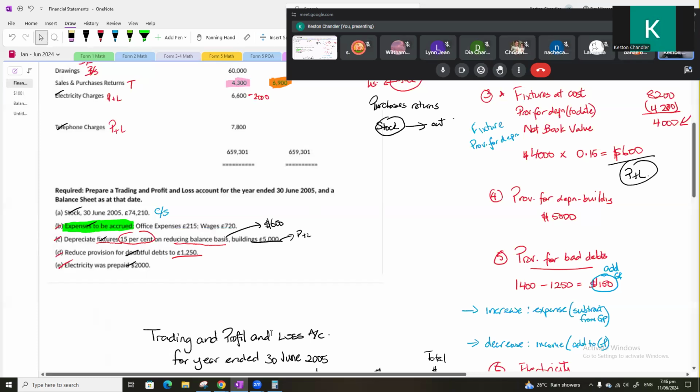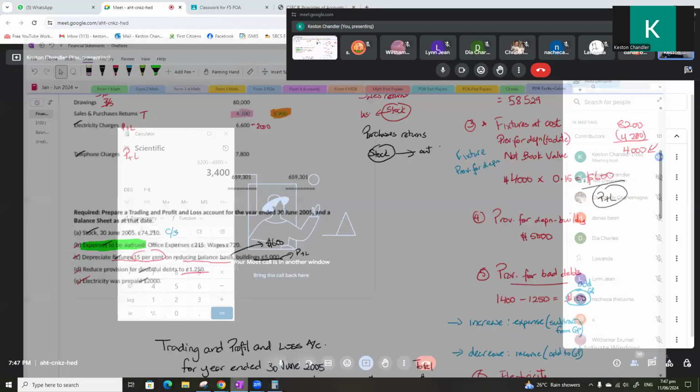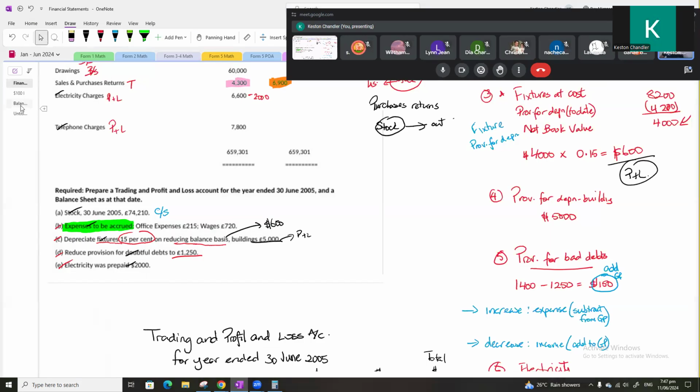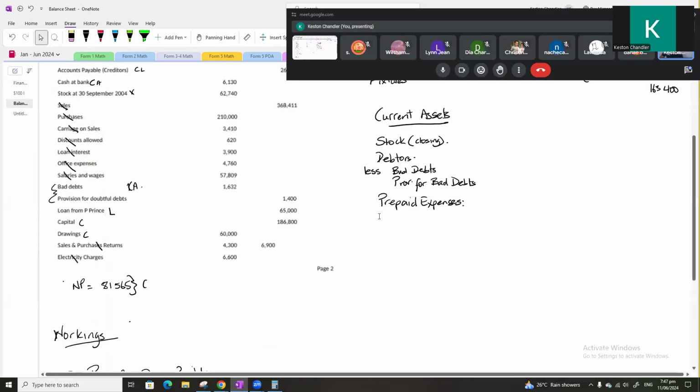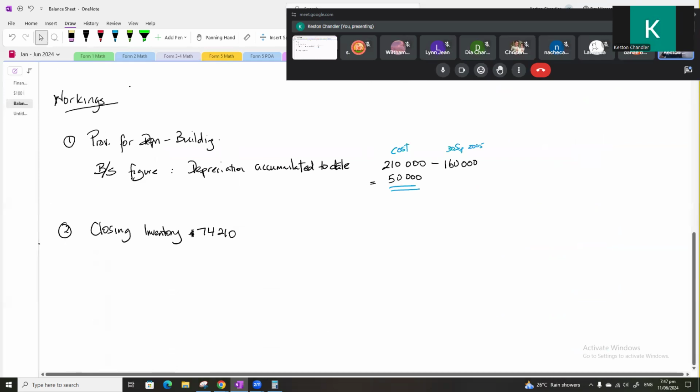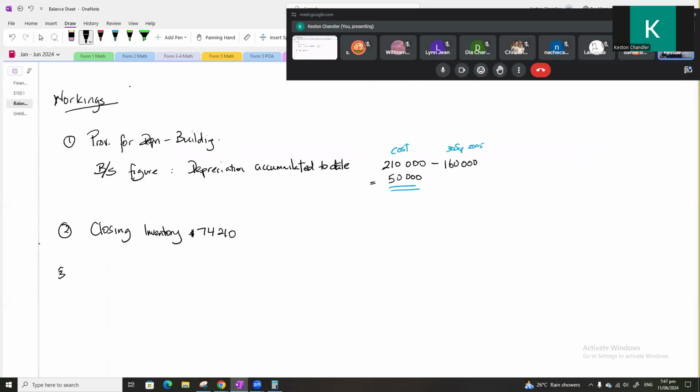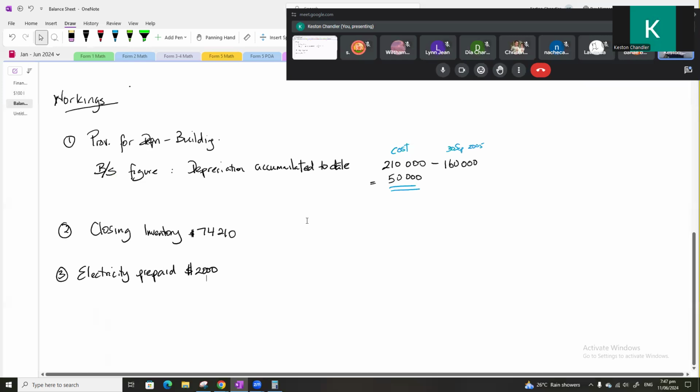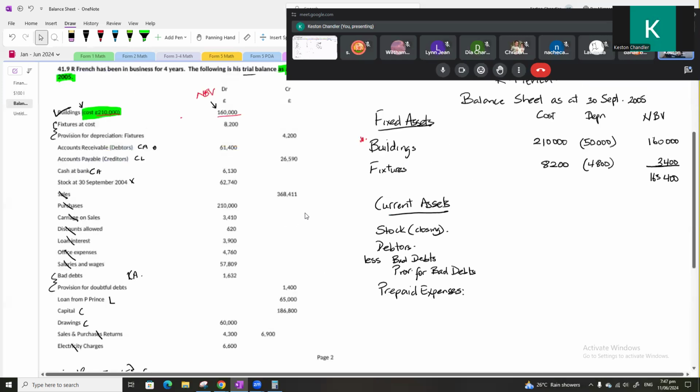So I'm going to make a note of that here. Why am I putting this inside of my current assets?